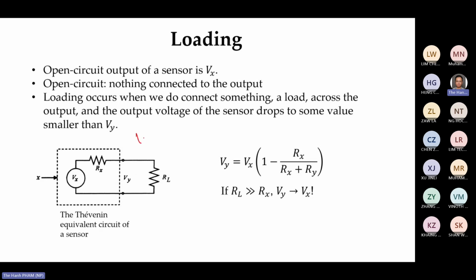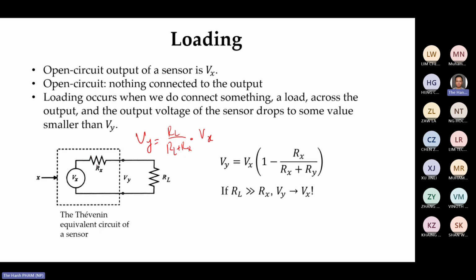So the voltage divider rule tells you that Vy is RL over RL plus Rx times Vx, right? So you don't have Vx totally, but you have some voltage drop over Rx.